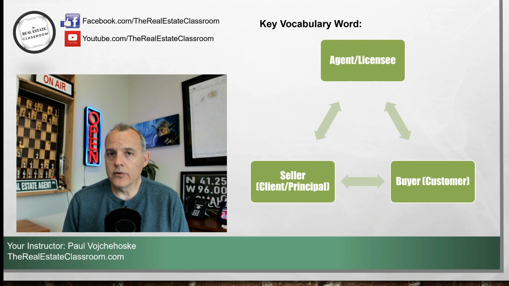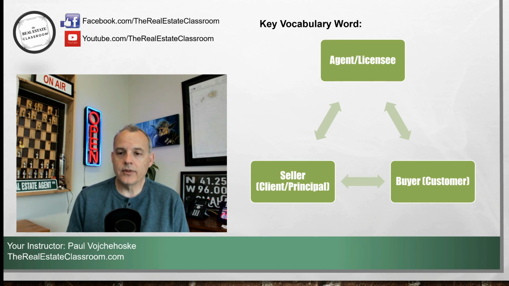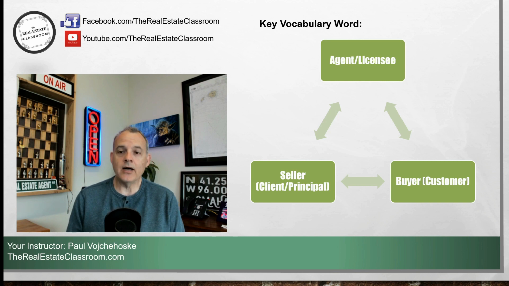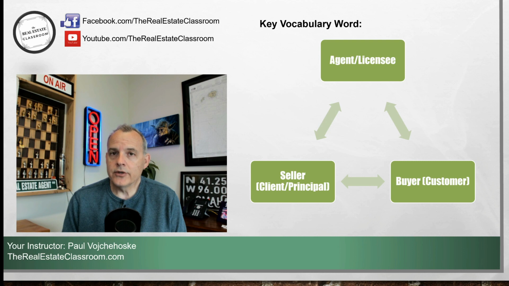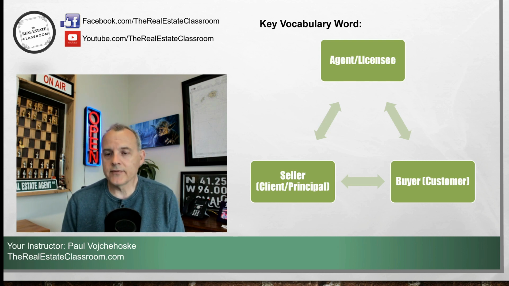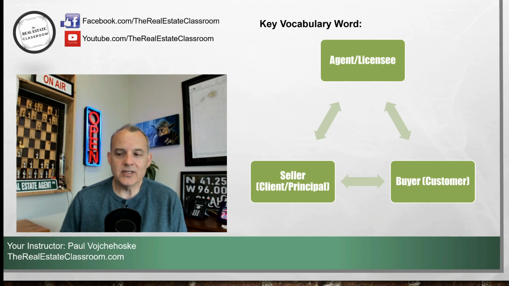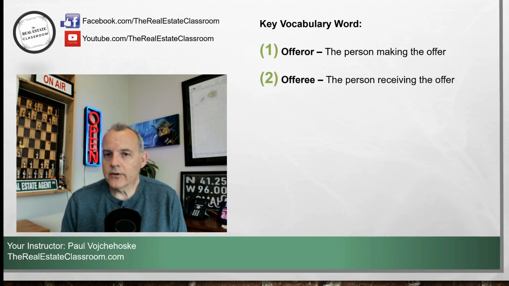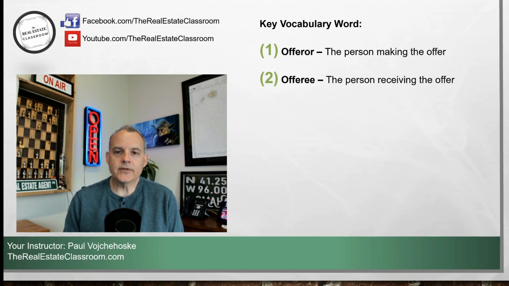However, they do not owe those fiduciary duties to the buyer, because that buyer is a customer or an unrepresented person. Now, understand that they don't owe them those fiduciary duties, but they still must treat them with honesty and provide information and good service and those types of things. They can't be misleading or dishonest about things.